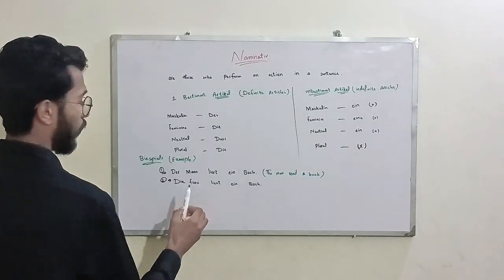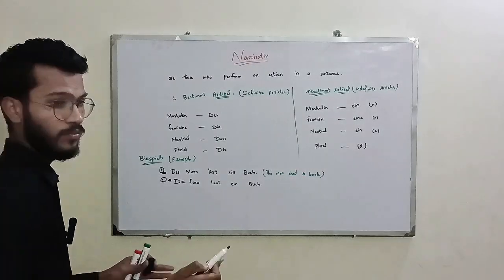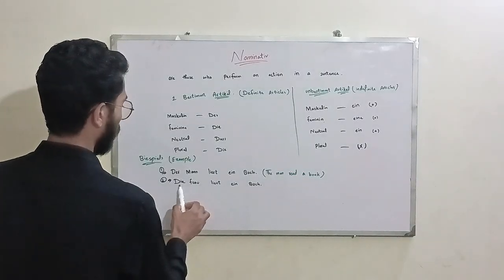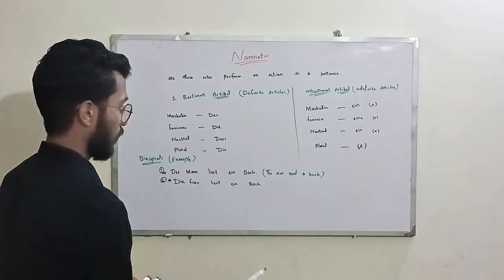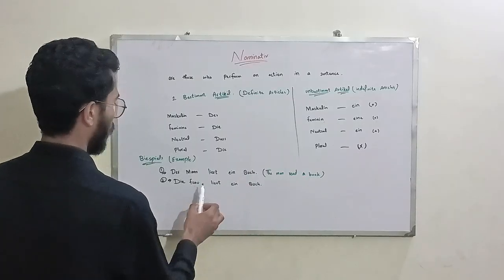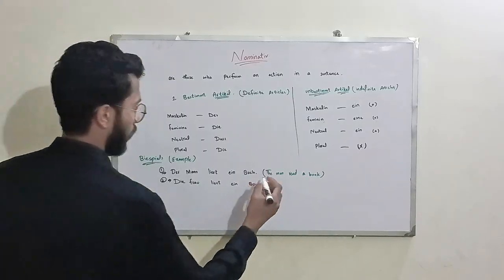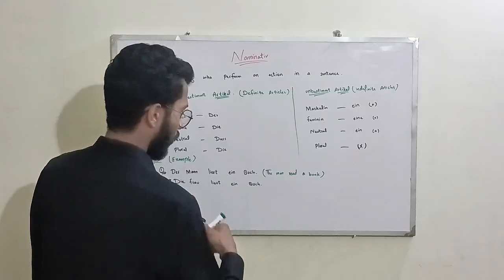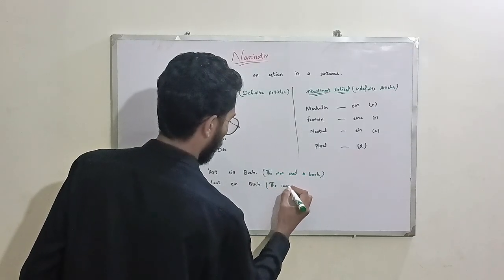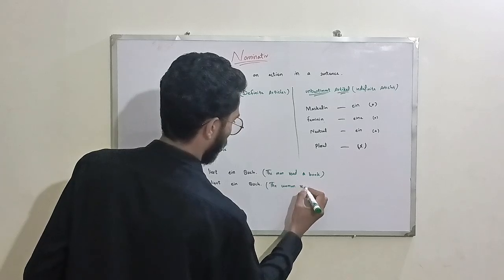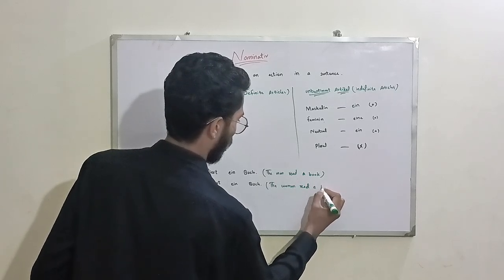So, Frau is feminine. We use the article die. Ein Buch is neutral, the same as the first example. Die Frau liest ein Buch. The woman reads a book.